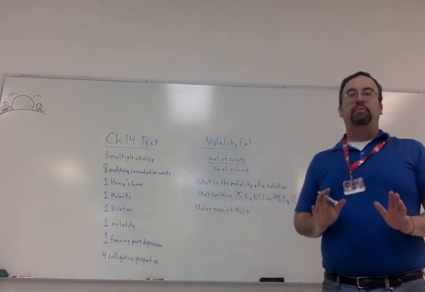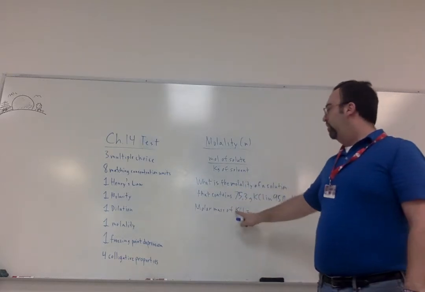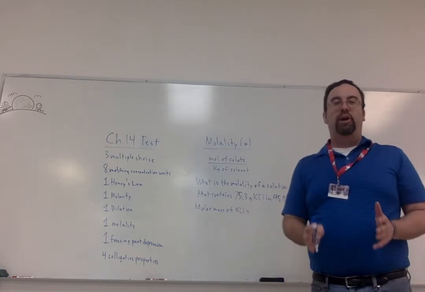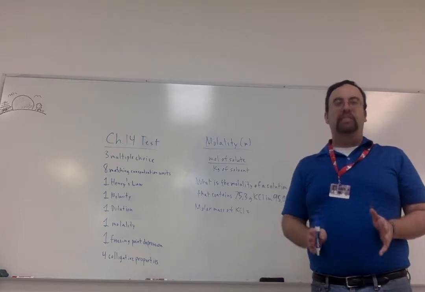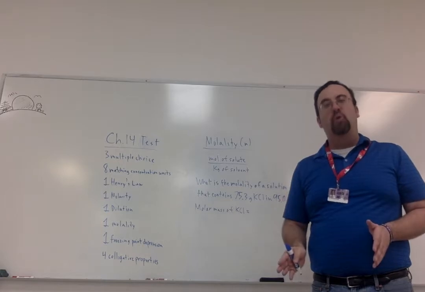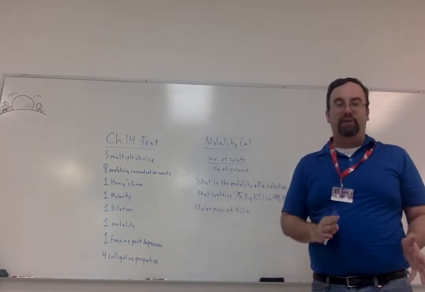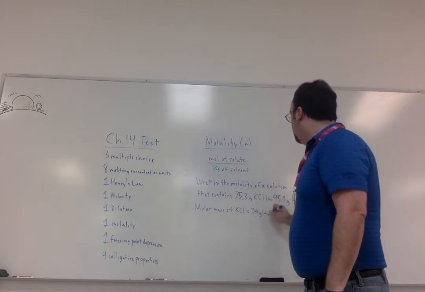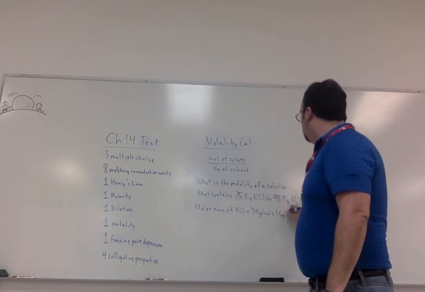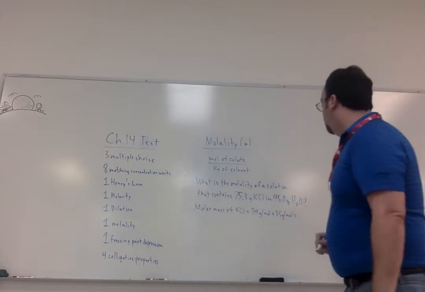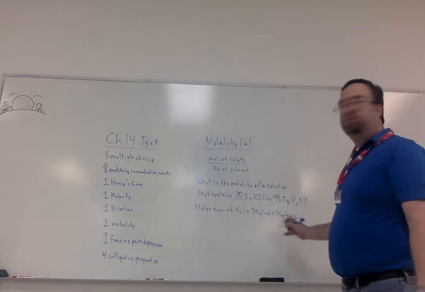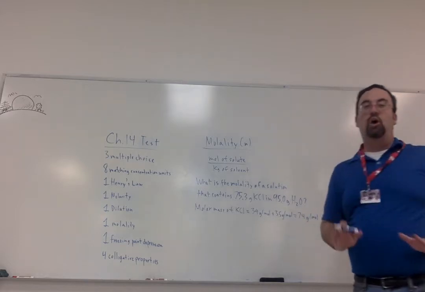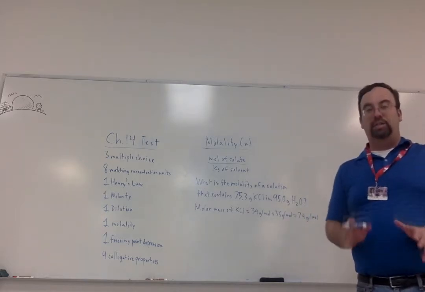Notice that the formula for potassium chloride, we have one potassium and one chlorine. If we look at our periodic table, potassium is approximately 39 grams per mole, chlorine is approximately 35, and so we take 39 grams per mole plus 35 grams per mole. When we do that, we end up with 74 grams per mole. And so that is the molar mass of our potassium chloride.